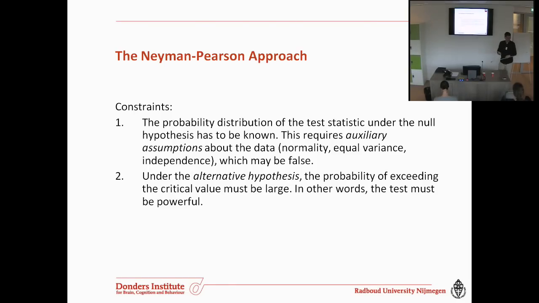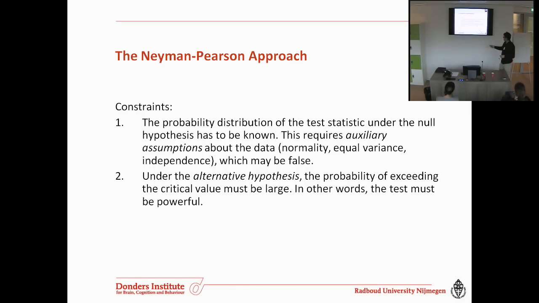We want to reject null hypotheses, and for that we want to have a test statistic that is really sensitive to the pattern in the data that we consider to be informative and that we hope to elicit using our clever experimental manipulations. So, expressed in the language of statistics, we say that under the alternative hypothesis, the probability of exceeding the critical value must be large.